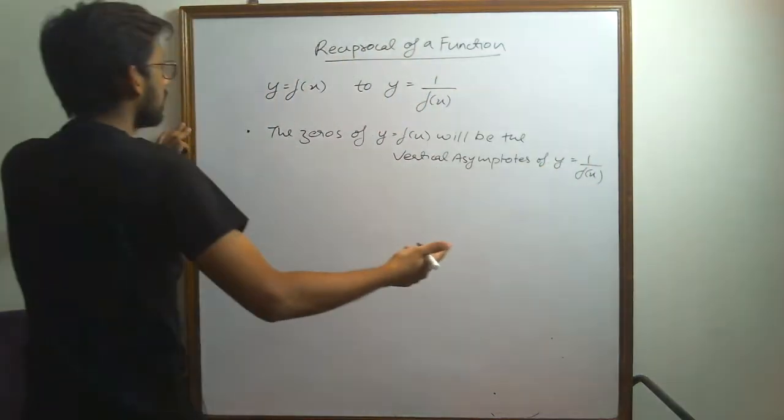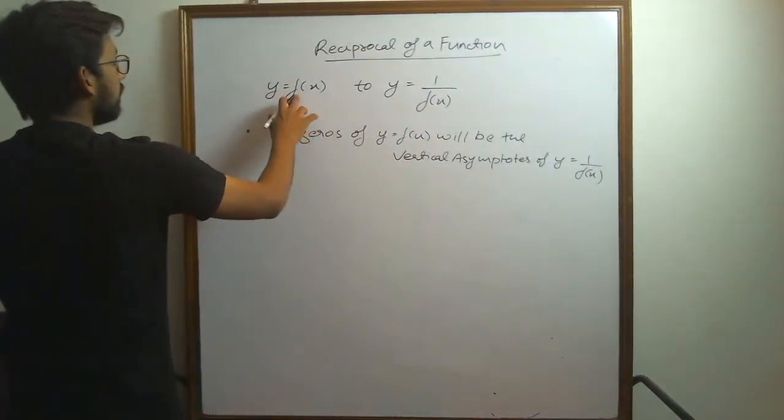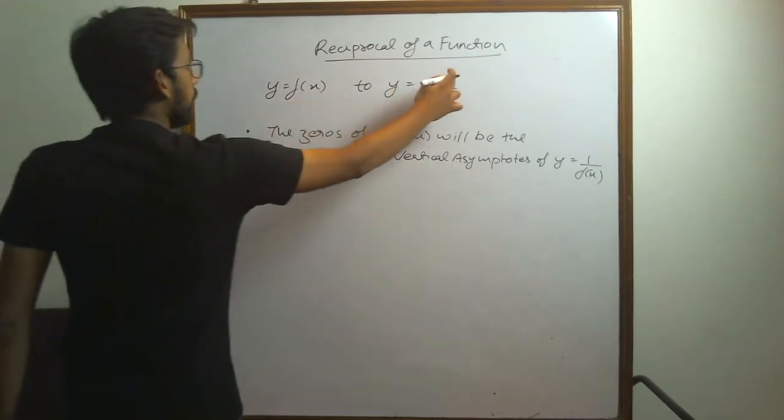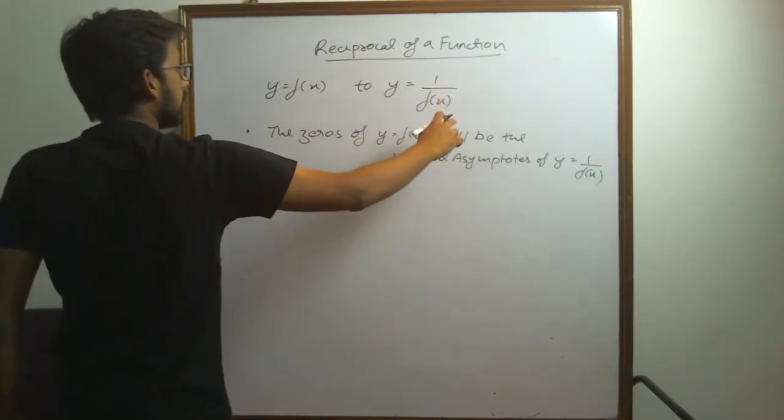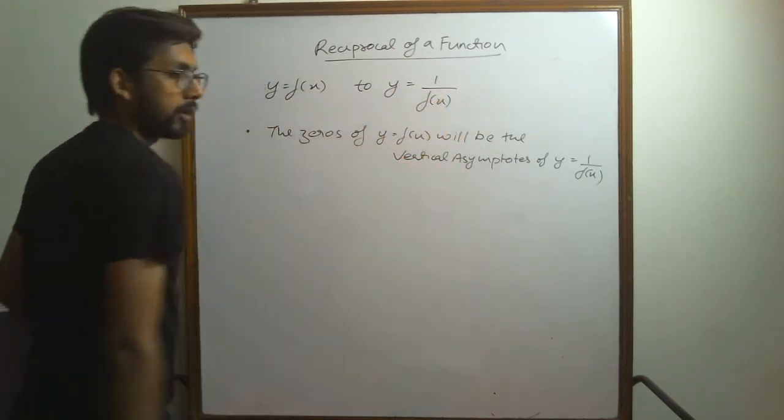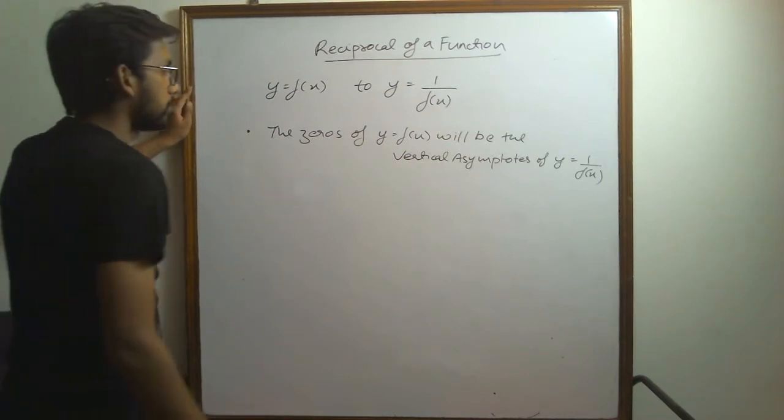This is because wherever f of x is 0, 1 upon f of x will not be defined, and that's why those points become vertical asymptotes.